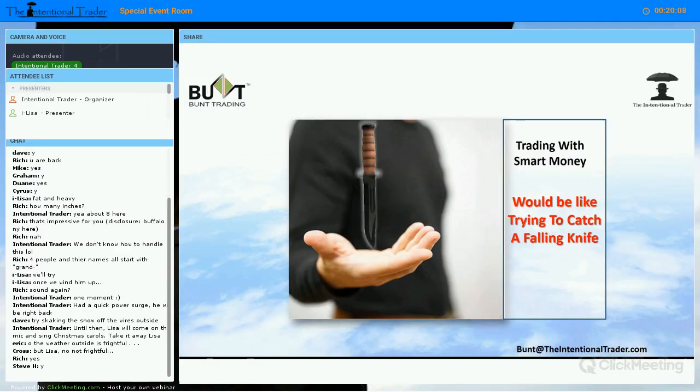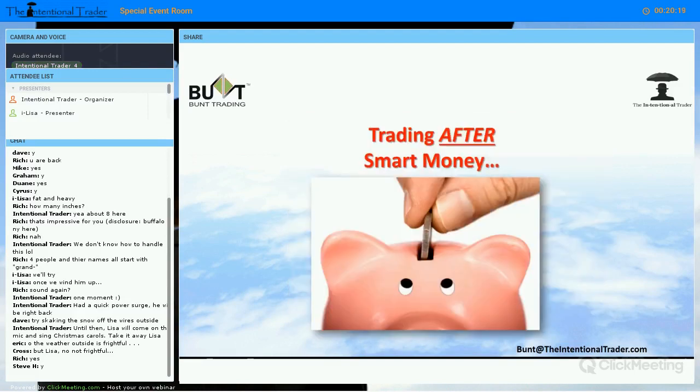Anybody who's ever tried to trade with the smart money, in very short order, you notice that things don't generally work out too well. So the best thing to do is try to figure out how to trade after the smart money. Okay? And this is what we talked about the other day when we talked about reactive trading.